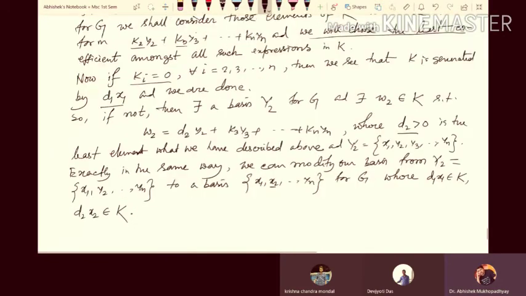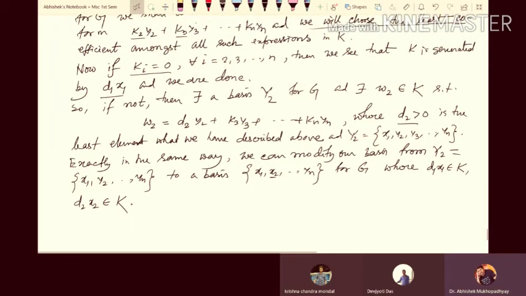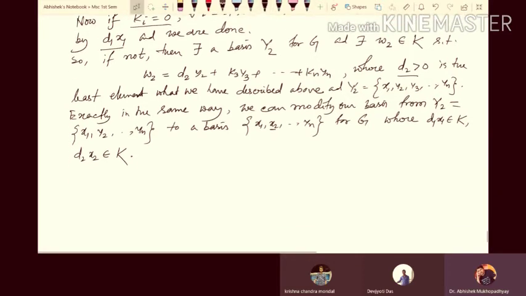That is, we are just applying the division algorithm in the division of each of these coefficients by d2. Then you will find this x2 exactly in the same way. And this will again be a basis by inserting this x2 in place of y2.